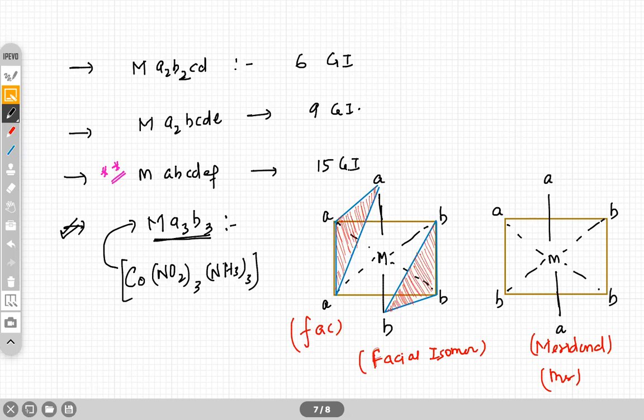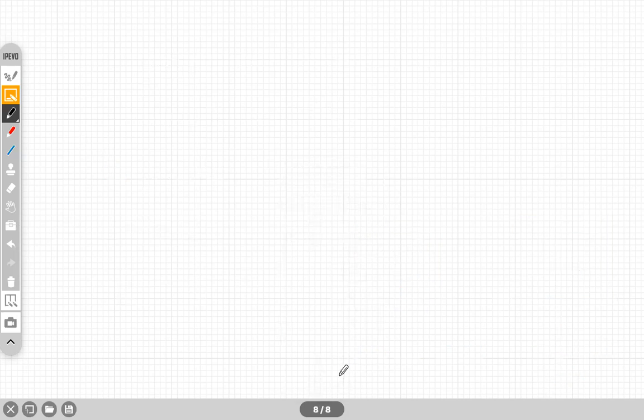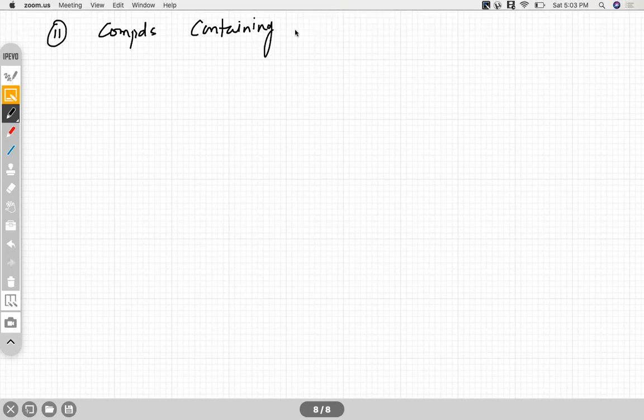Okay, now the next one is the second type, write down: compounds containing bidentate ligand.